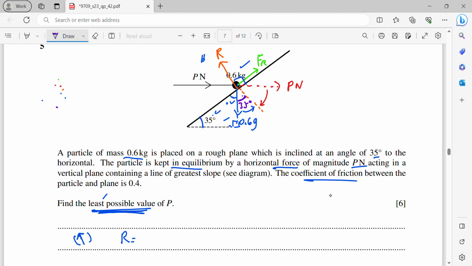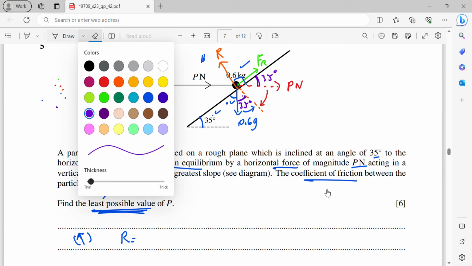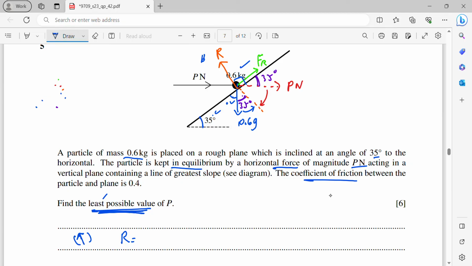And for the P Newton, this is the alternate angle, which means here is going to be 35 degrees. So by looking at this, I can say R is the same as 0.6g.